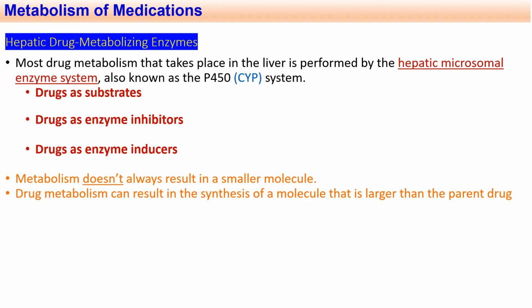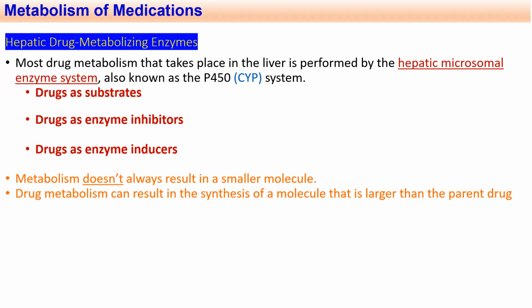When drugs act as substrates, they are metabolized by a certain CYP isoenzyme, such as warfarin and naproxen, which are substrates of CYP2C9.